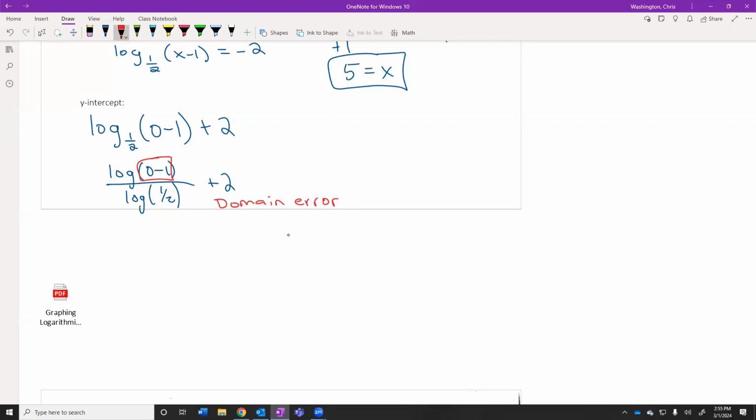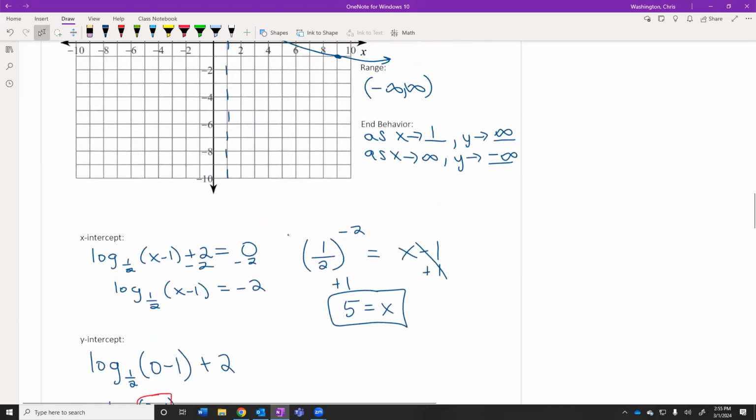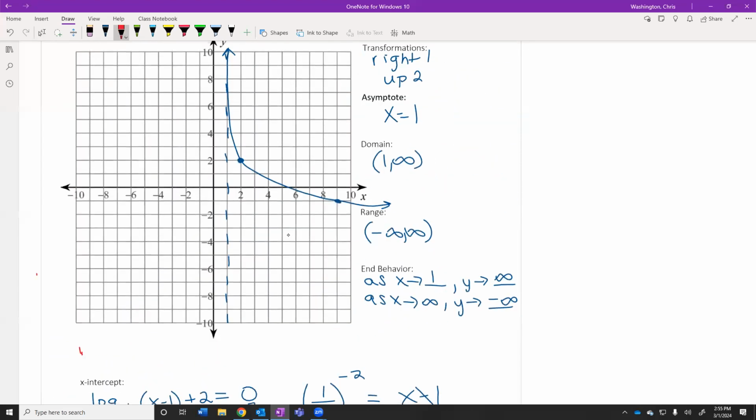It means there's not one. So in this case, there would be no y-intercept. And if we had looked at the graph, we could see that my graph's not gonna cross the y-axis here, because it doesn't go that far left. It stops at 1 and only goes really close to 1, but it does not go to the left.